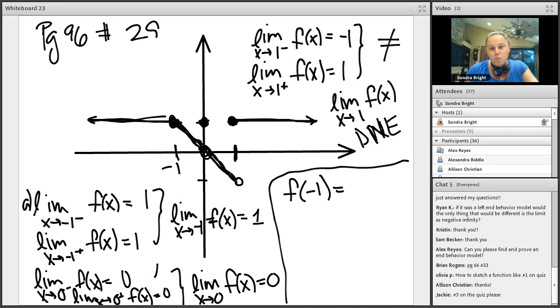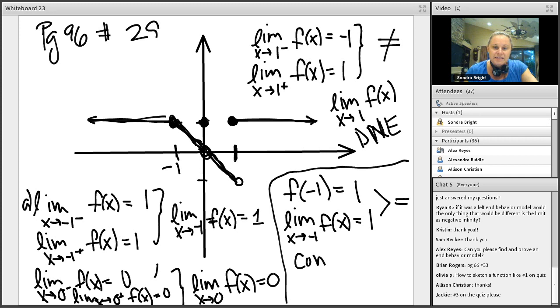We said it was 1, and the limit as x approaches -1 is also equal to 1. Since these two are equal, we say that it is continuous at x equals -1, because the limit exists and it is equal to the function's value. I'm running out of room, so I have to go to the next slide to show you the other two.